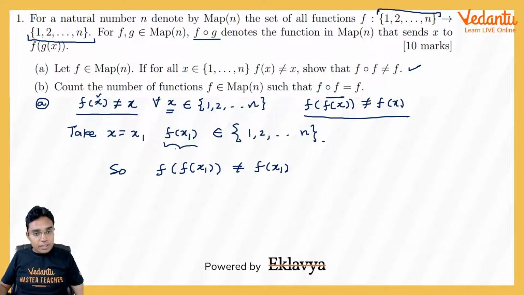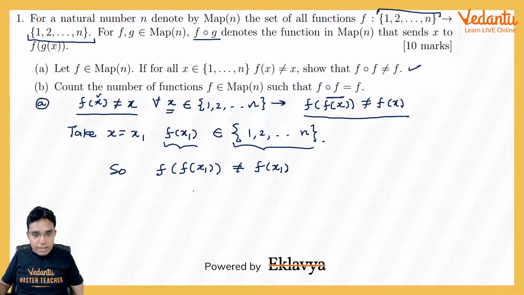So this f of x1 has to be lying in this set only. So using this relation given in the question, I can say that for any f of x1 lying in this set, f of f of x1 cannot be equal to f of x1. So I think we are done.